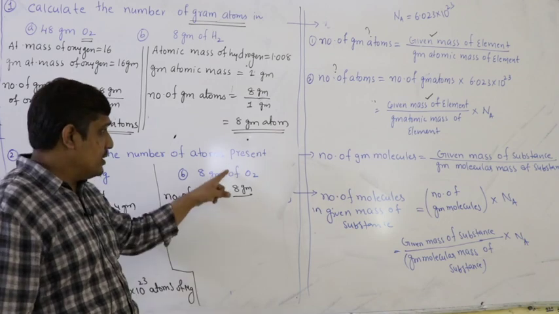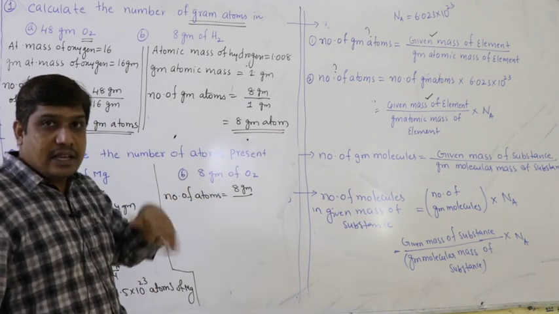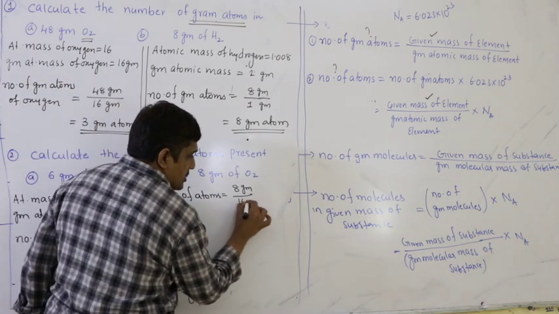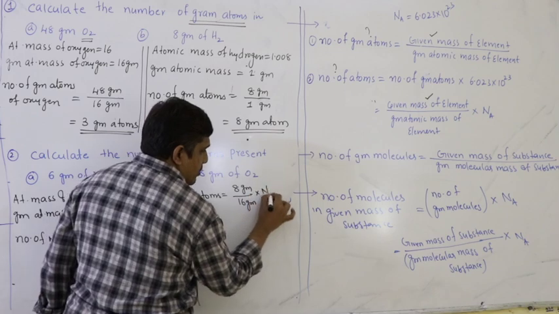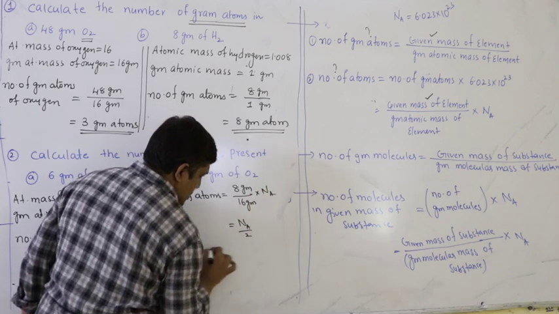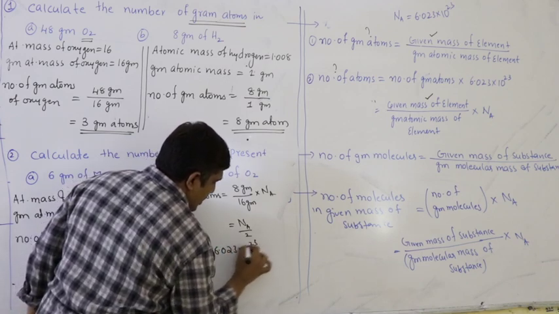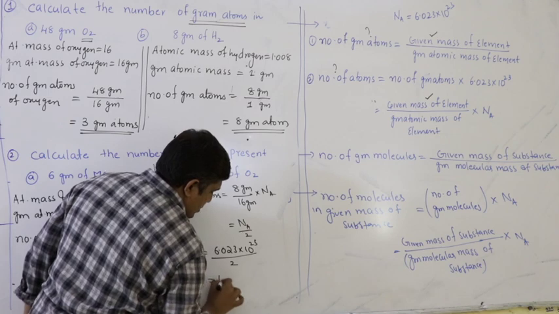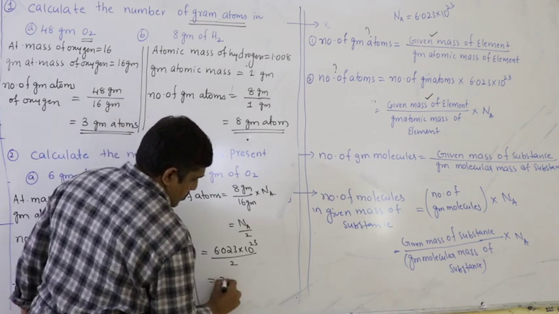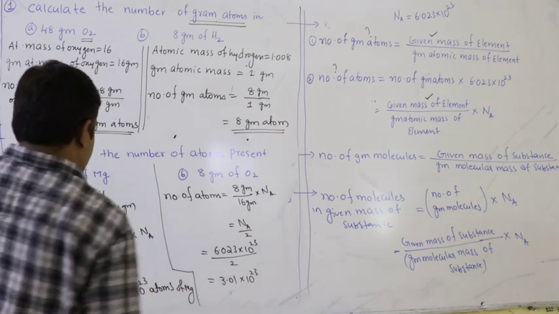We have to find atoms, therefore we require atomic mass, that is 16, expressed in grams, 16 grams, that is gram atomic mass, into Avogadro number. 8 by 16 is 1 by 2, so Na by 2, which is equal to 6.023 into 10 power 23 by 2, so approximately 3.01 into 10 power 23 atoms.